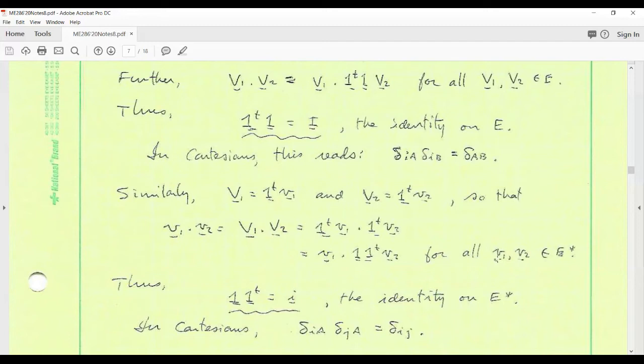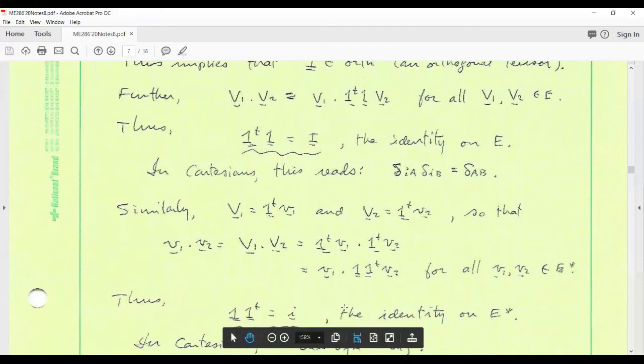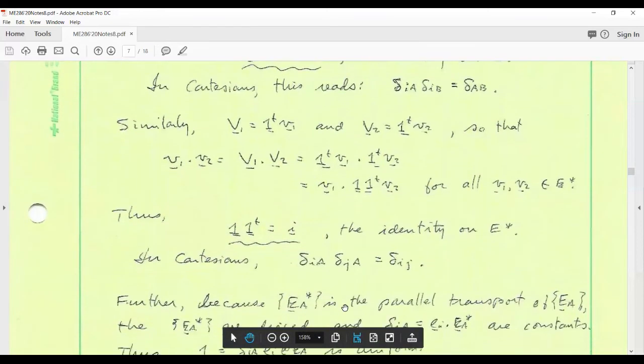This has to be true for all pairs of small v1 and v2 now in the vector space E star, which means 1, 1 transpose must be the identity for the vector space E star. But because I went to the trouble of distinguishing the vector space E star from the vector space E, I'll also distinguish the identity in that vector space from the identity in this vector space. I'll call it small i instead of capital I.